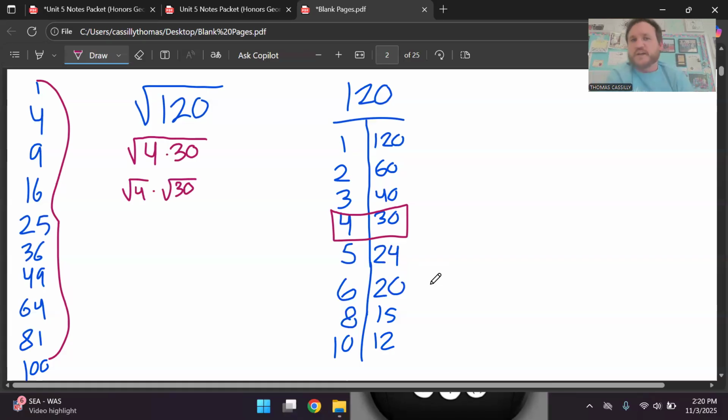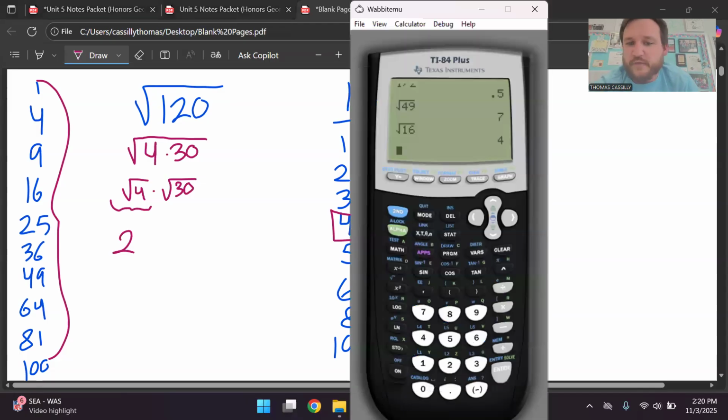When you multiply numbers underneath radicals, you are allowed to break them up. So let's think about this. What is the square root of 4? Square root of 4 is a nice number. It's just a 2. So the square root of 4 turns into a 2. Now, the square root of 30, if we type that in, is some ugly decimal. It goes on forever.